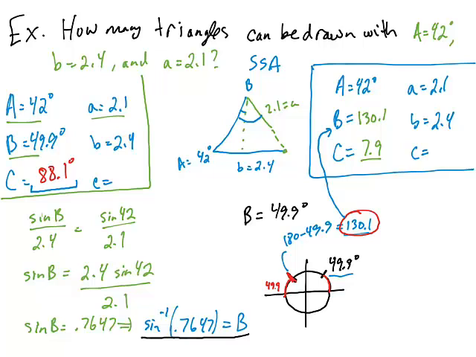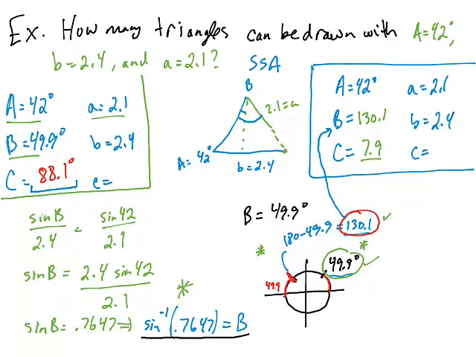Now let's back way up. When we're at this point down here, when we type in the inverse, we need to consider both possible angles. For sine, because this is going to be positive, we're always going to find an angle in the first quadrant and the second quadrant. Once we calculate those two angles, the angle in the first quadrant was 49.9 degrees, and the angle in the second quadrant was 130.1.